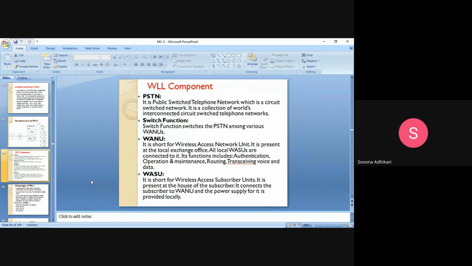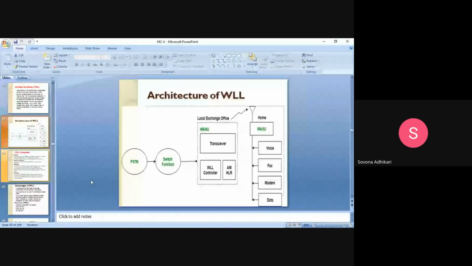Okay, let us see what the terms used in the previous slide are. You see there are some terms used in the previous slide: PSTN, WANU, WASU. Let us see what those are. You see those written in green color: WASU, WANU, PSTN, switch functions.